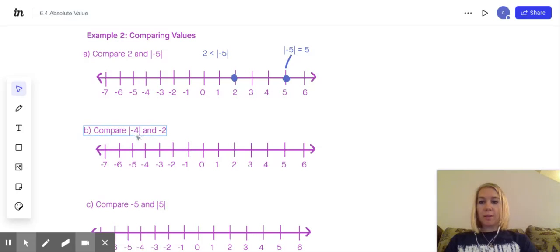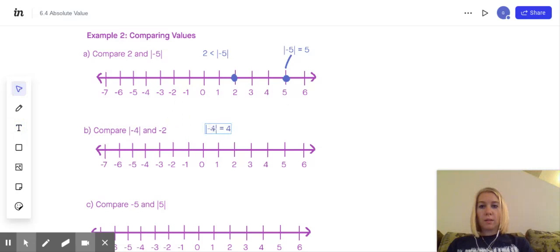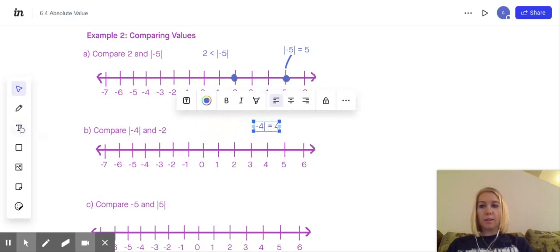Compare the absolute value of -4 and -2. Okay, so again, let's determine what the absolute value of -4 is. I know that the absolute value of -4 is 4, so we're going to go ahead and graph that.